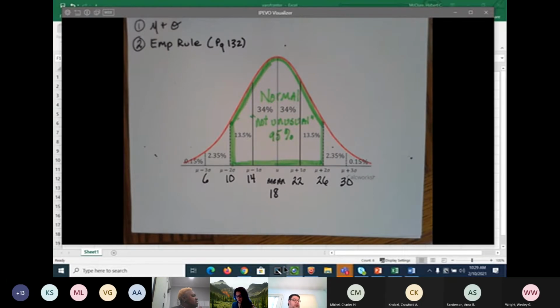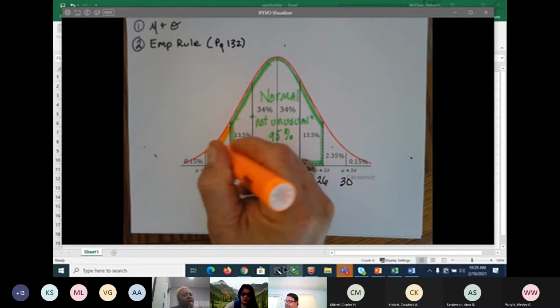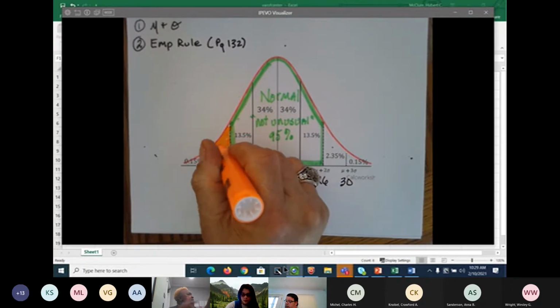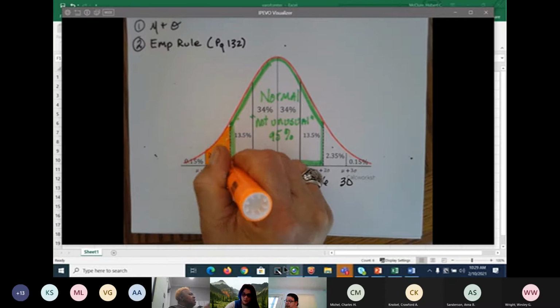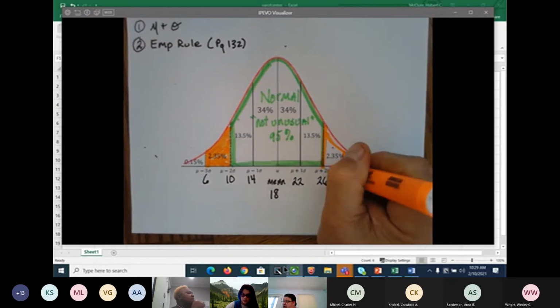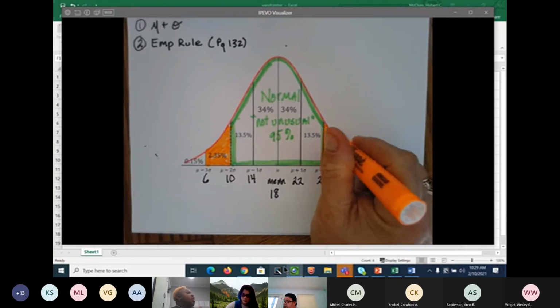Okay, let's take another marker. Let's take an orange marker. And let's mark this 2.35%. Does anybody remember from high school that took this class? Does anybody know what that's called?